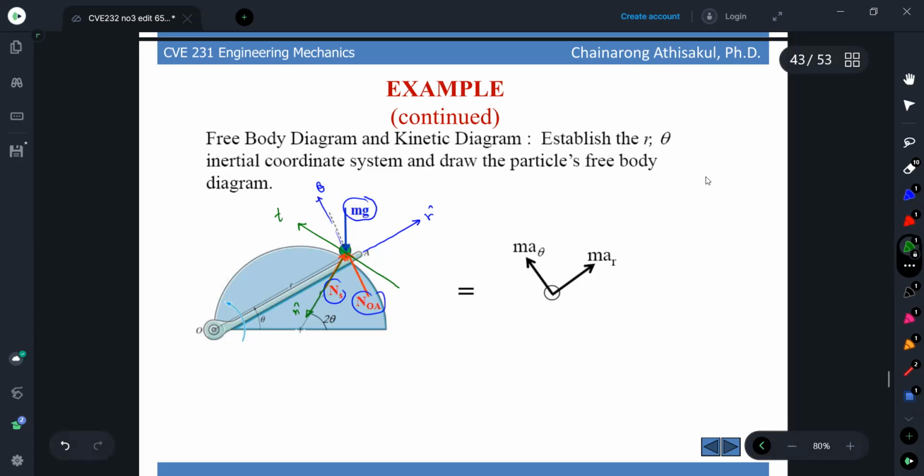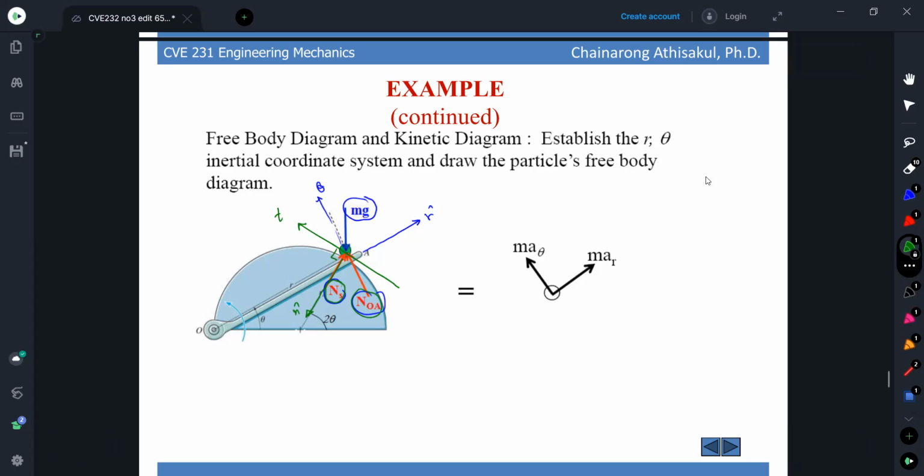at this point. So the first normal force is perpendicular to the tangent, that is Ns. And another one is the normal force perpendicular to the arm OA, to push the ball directly to the path. That is NOA.